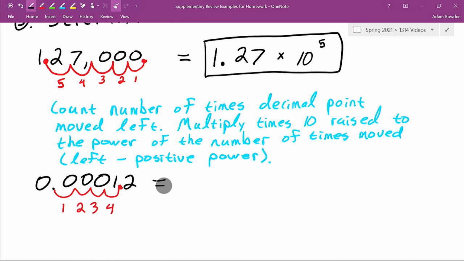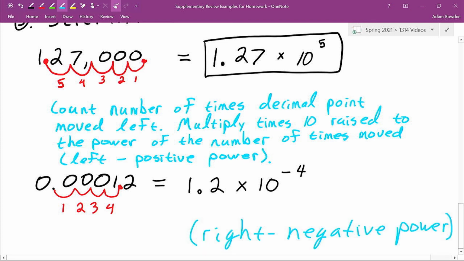Now when we write this in scientific notation, it would be 1.2, and we still multiply times 10 raised to the power of the number of times I shifted the decimal, but since I shifted it to the right, it would be a negative exponent, negative power. So that's the only difference when we have to move it from the left to the right when we're dealing with scientific notation.